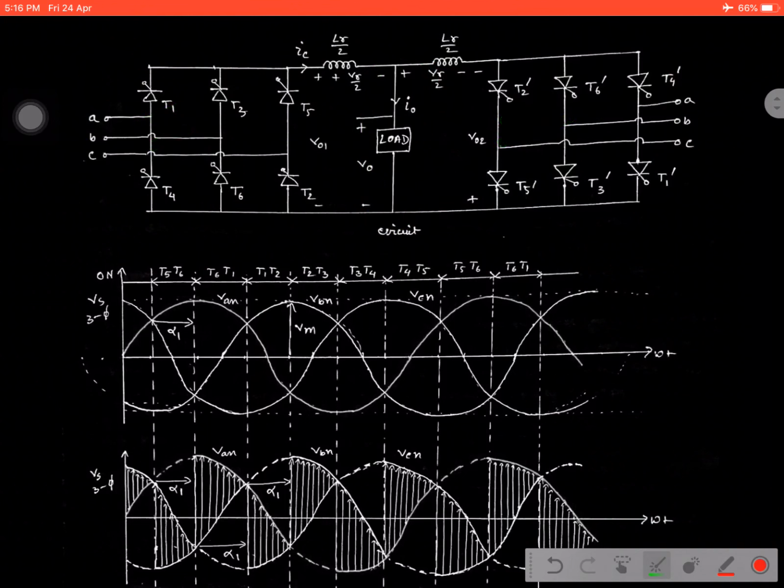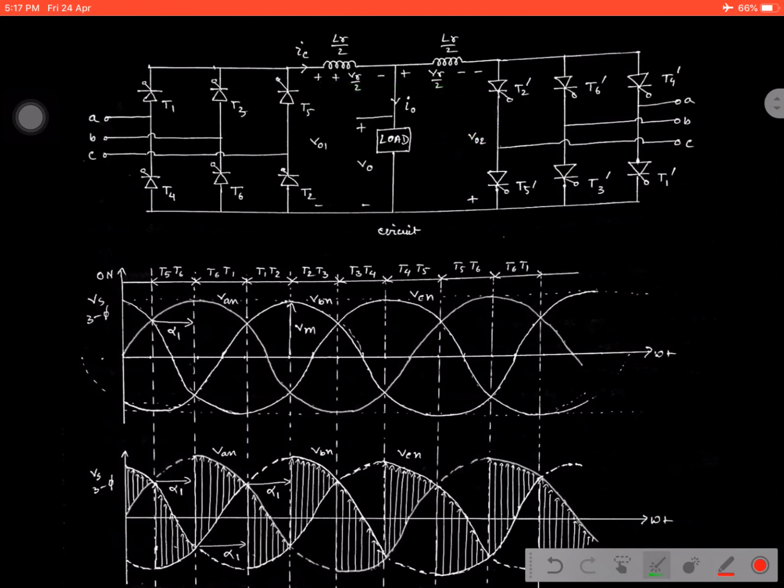This is called the circulating mode of operation. No voltage appears across the load, but due to the instantaneous voltage difference, a current flows throughout the circuit between the two converters, which is called the circulating current. That is why the current which circulates across the two converters and the reactor gives the circulating mode of operation.